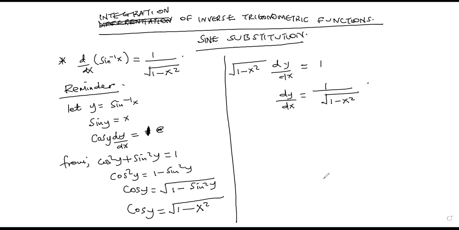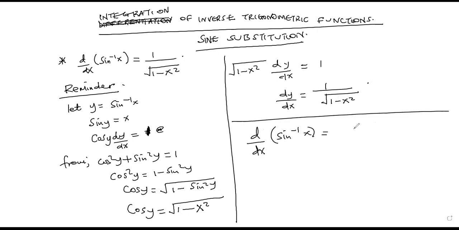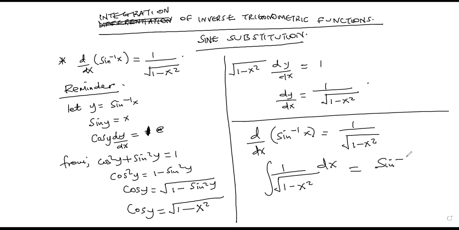This is quite interesting. Now, having this known, we have confirmed that the derivative of sine inverse of x is equal to 1 over the root of 1 minus x squared, implying that when you apply an integral on both sides, the integral of 1 over root 1 minus x squared dx is the sine inverse of x plus a constant of integration.